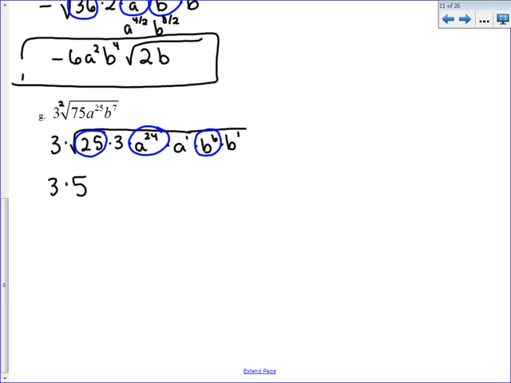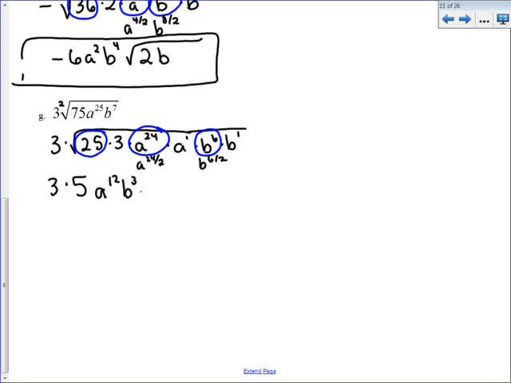What's the square root of a to the 24th? Just like 12? A to the 12th. So we just take the 24 and divide it by 2. How about the square root of b to the 6th? B to the 3rd. So we just take, again, that 6 and divide it by 2.